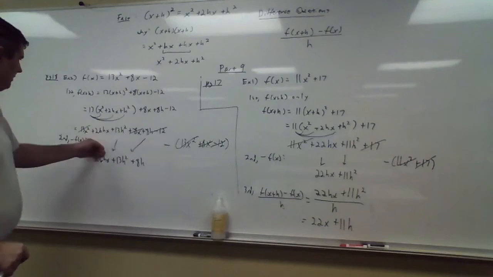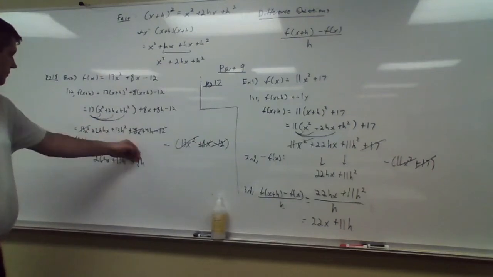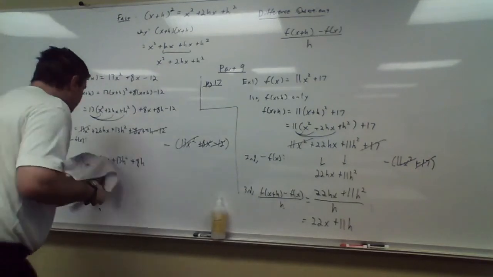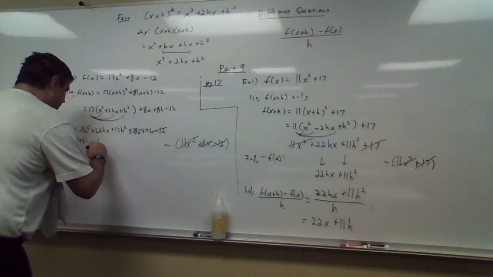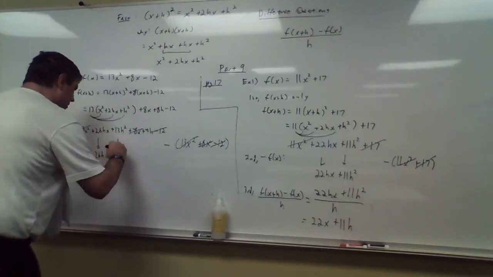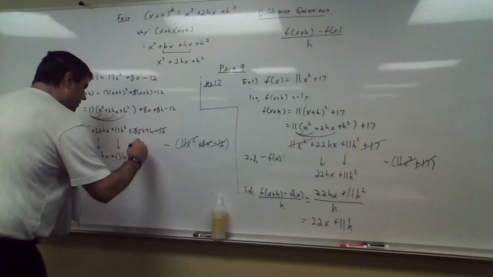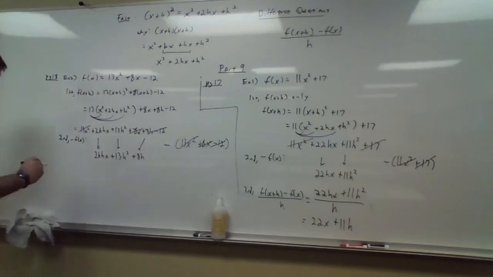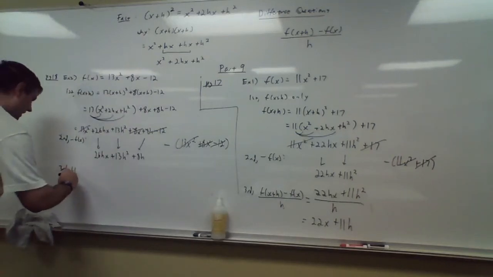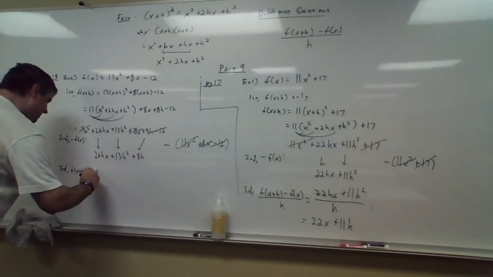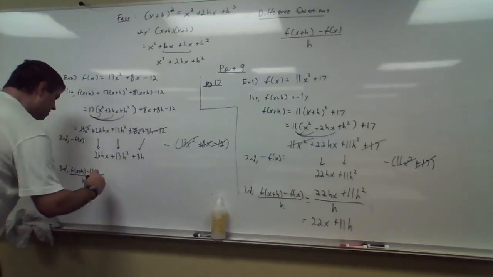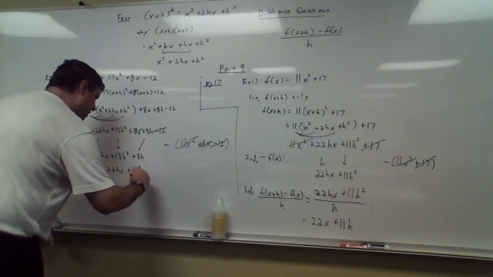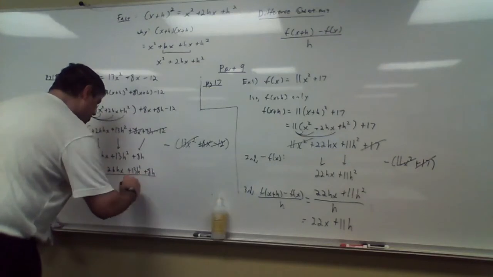Okay, I'm going to reorient the arrows. Actually, let me just go ahead and do all that again. Okay, so this is going to be 26hx plus 13h squared plus 8h. Third, f of x plus h minus f of x over h is 26hx plus 13h squared plus 8h over h.